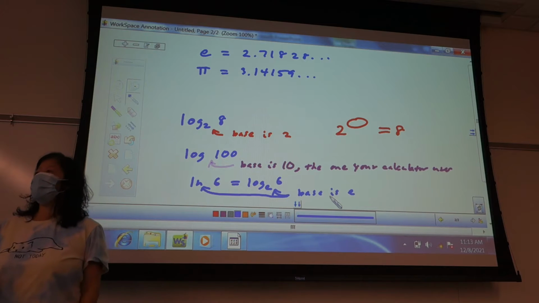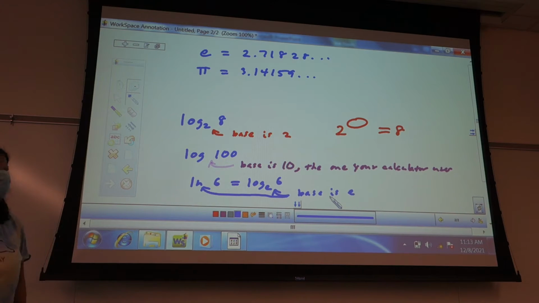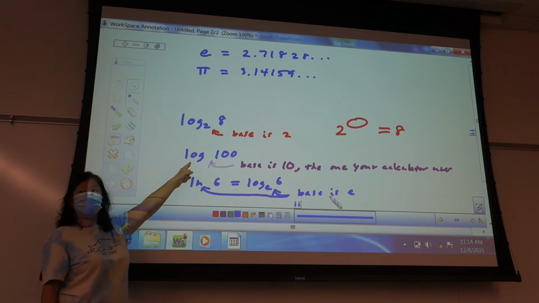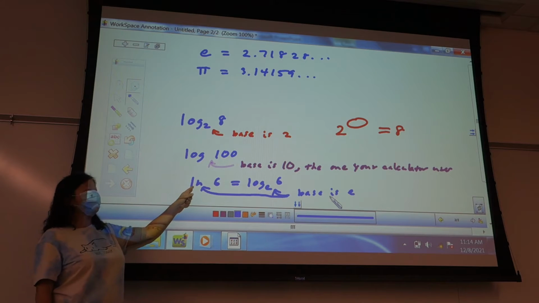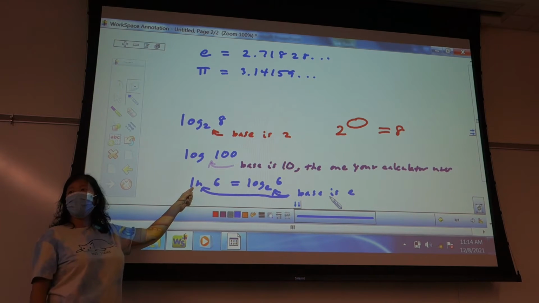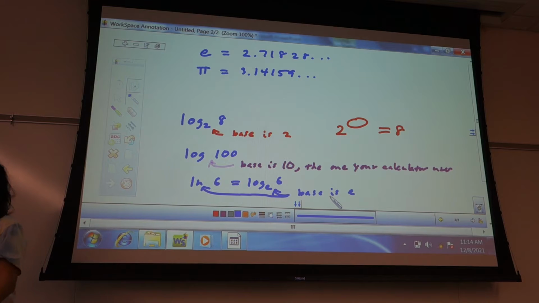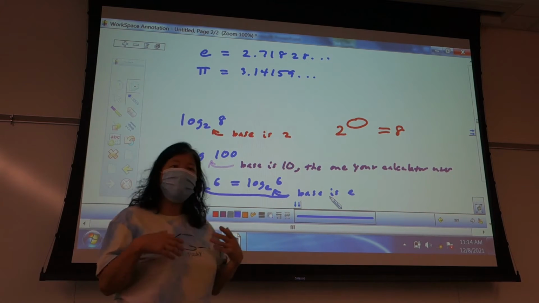So when we're solving, if we look at this last sheet, we solved by taking the log of both sides. You can also take the natural log of both sides, and it turns out the same, as long as you're doing the same thing to both sides.